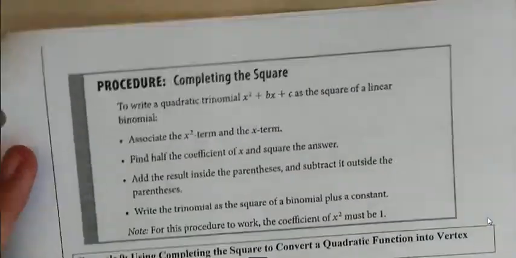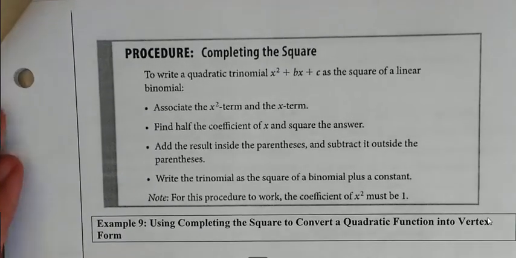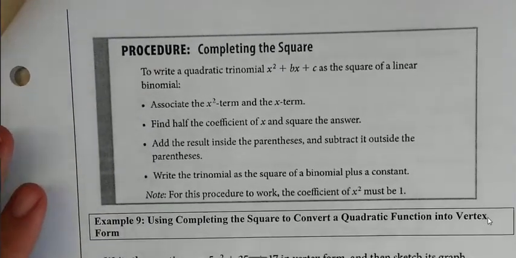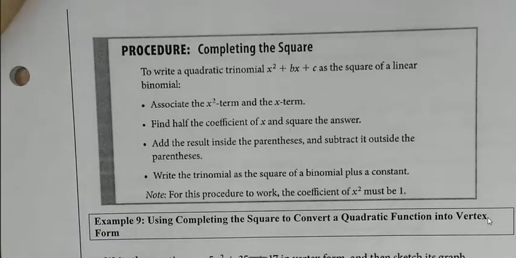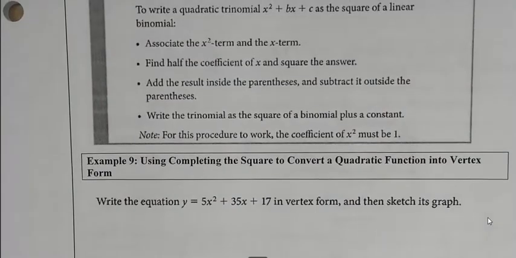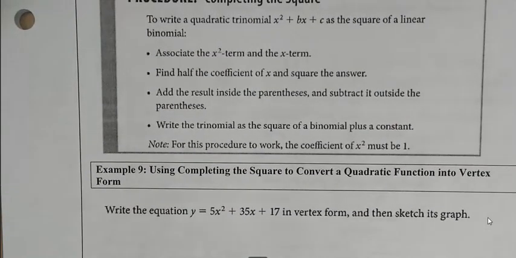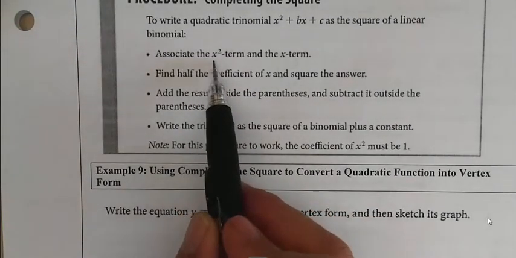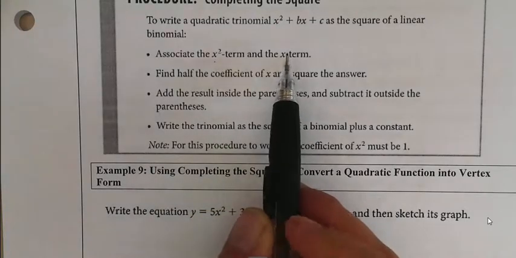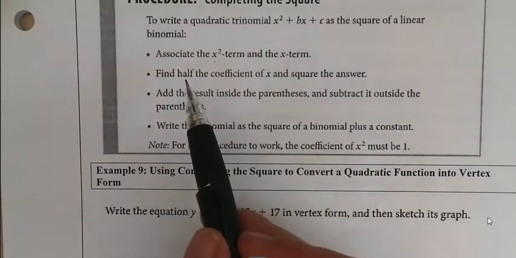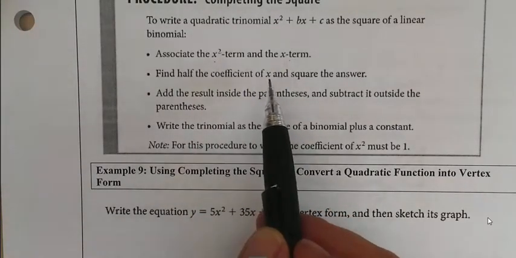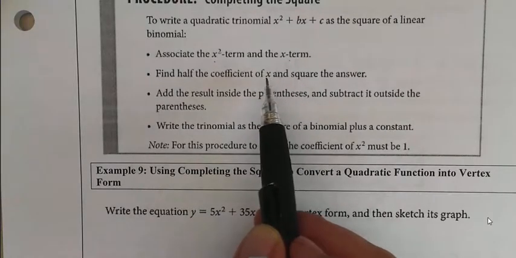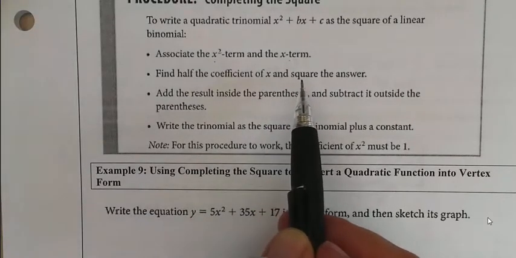All right, last thing we're going to go over is completing the square. The reason we would want to do this is to get our quadratic from standard form into vertex form. It's important that you always take your x squared term and the x term and group them. You find half the coefficient of the x term and square it.